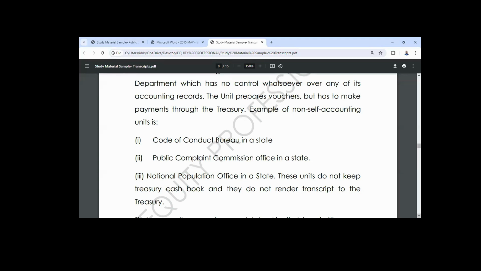Their office in Lagos State cannot prepare full accounts. Their office in Ogun State cannot prepare full accounts. They cannot prepare transcripts. They cannot prepare final audited accounts. All they will be doing is maintaining their payment vouchers. Any expense they make, they will open a payment voucher, and every month they will send all the payment vouchers to their head office.